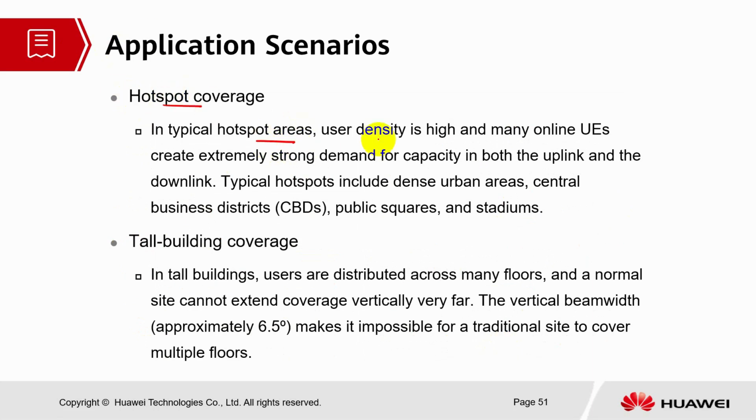In a typical hotspot area, user density is high. Many online UEs create extremely strong demand for capacity in both uplink and downlink. Typical hotspots include dense urban areas, central business districts, public squares and stadiums. Massive MIMO can effectively improve system capacity through spatial multiplexing, with up to 8 layers in the uplink massive multi-user MIMO pairing and up to 16 layers in the downlink.